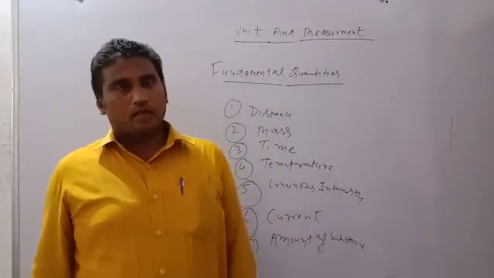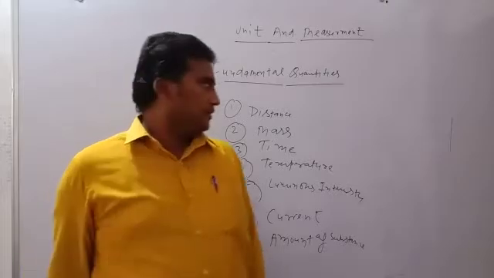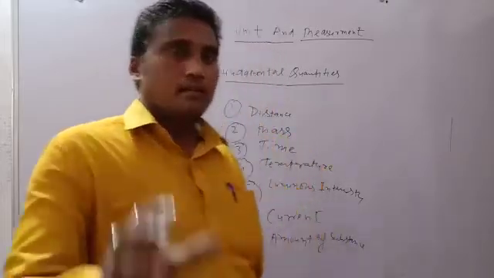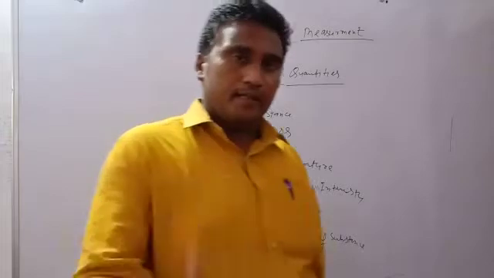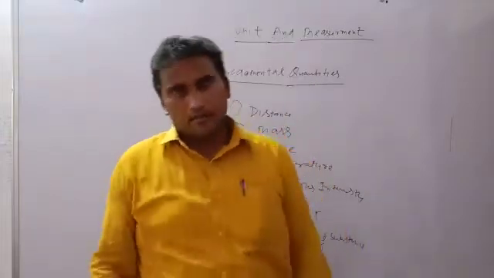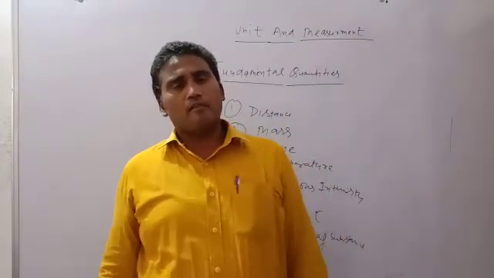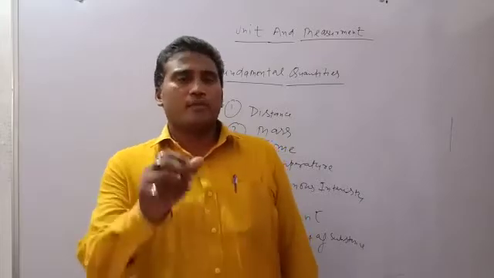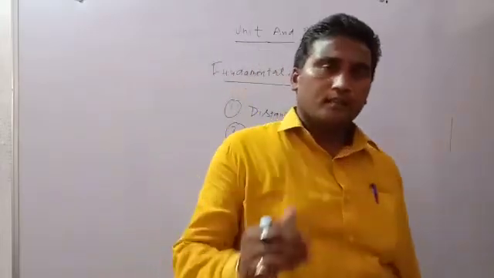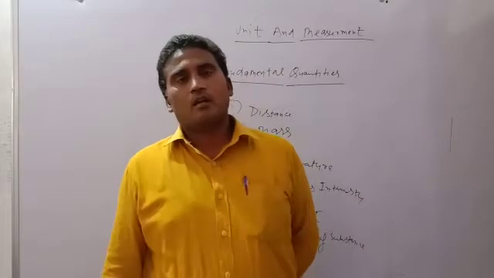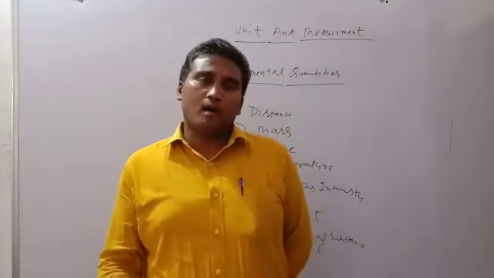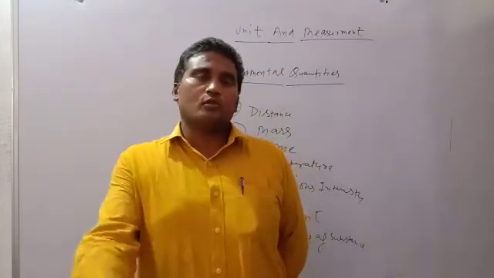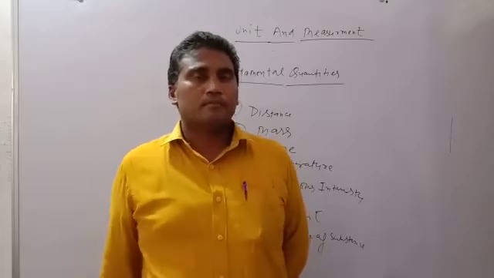Now we discuss another topic, fundamental units. But before the fundamental unit, we discuss the types of unit, and there are generally 3 types. One is the SI system or MKS, also called meter kilogram second.